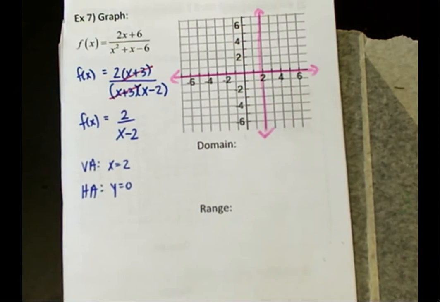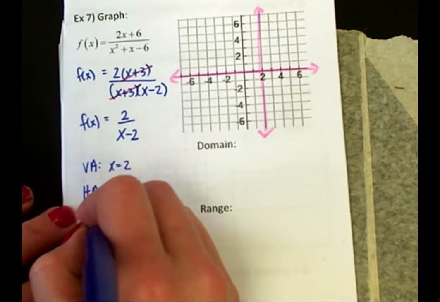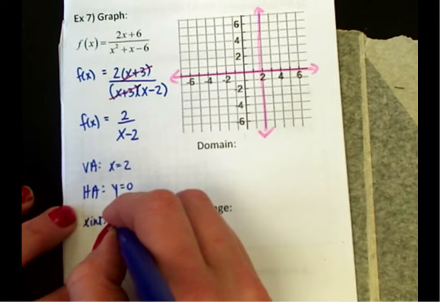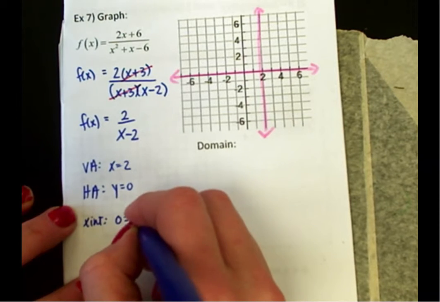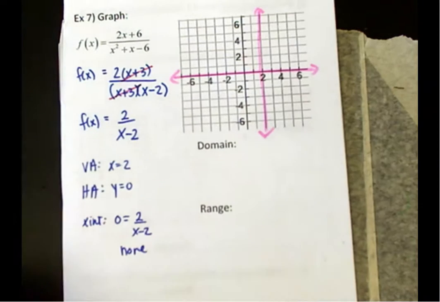So it looks like there's going to be no x-intercepts because of where that asymptote is. Zero equals 2. Just none.